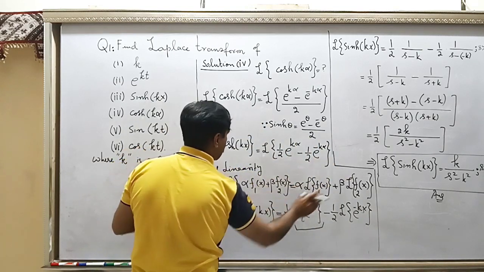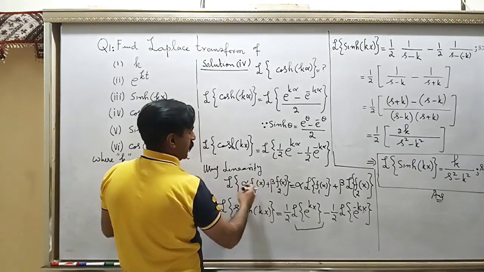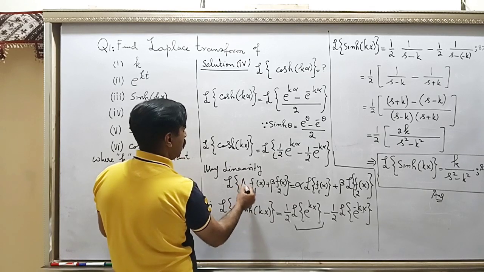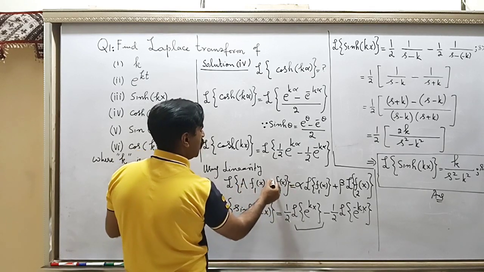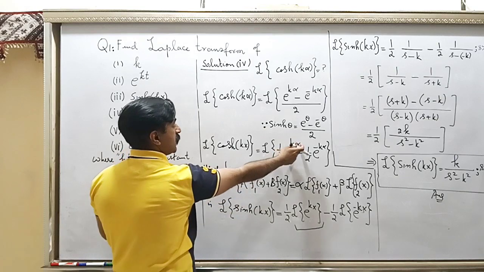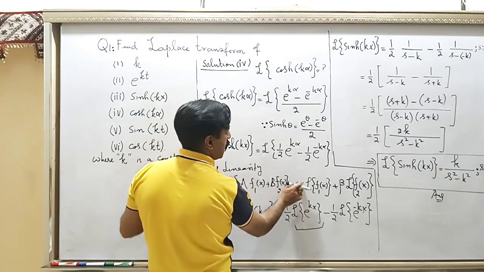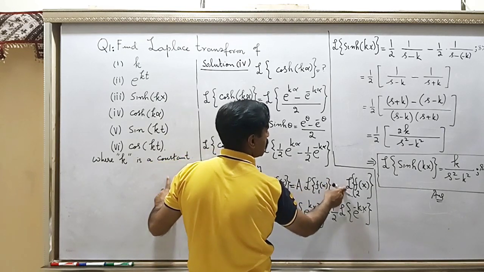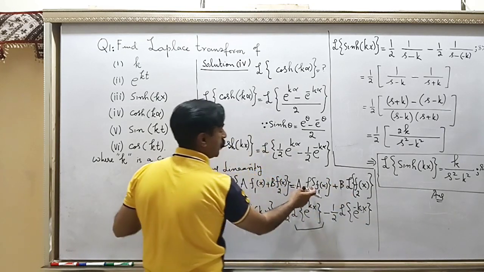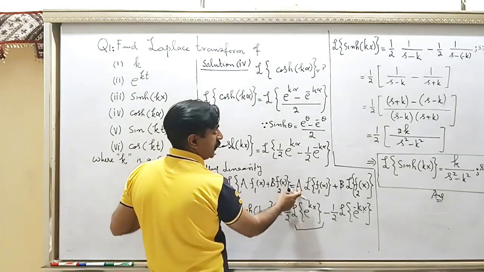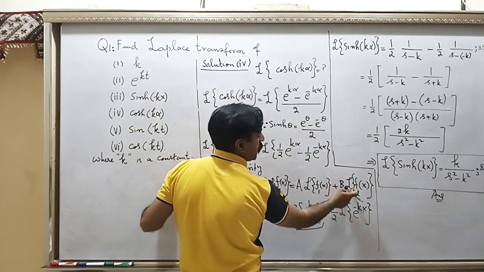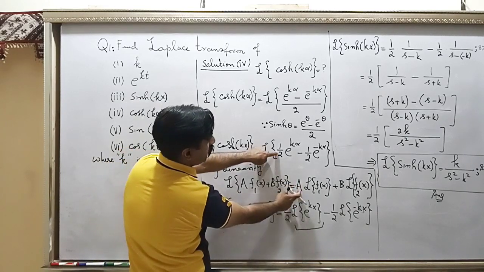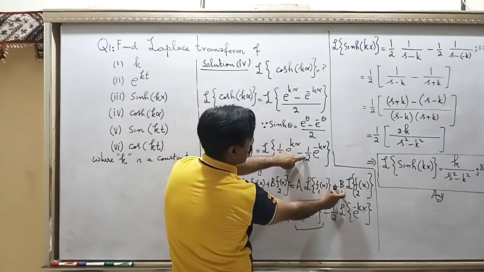And using the linearity again, you can name it a new variable, capital A and capital B, so that your alpha does not confuse with this. And this constant comes in front of the operator L, A and B come in front of L. Now, in place of capital A, you have 1 by 2 and in place of capital B, you have minus 1 by 2.